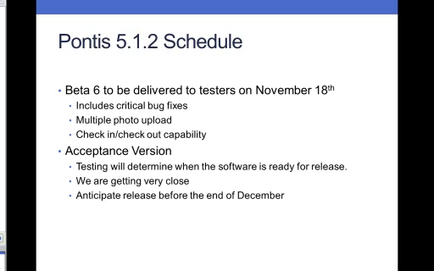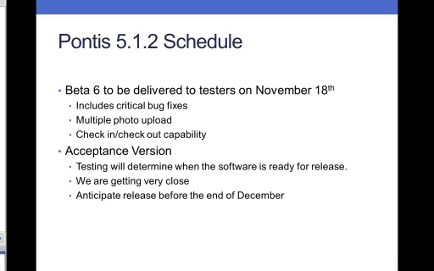Very soon, really after this, once we get feedback from the beta test users, we will be able to put out, I guess, the acceptance version or the final version. I'm optimistic, very optimistic, that this will be done by the end of December very easily, and so it will be our Christmas gift to the Pontis user community.